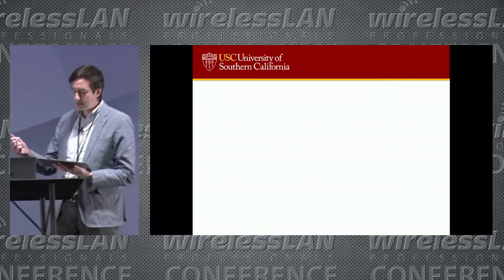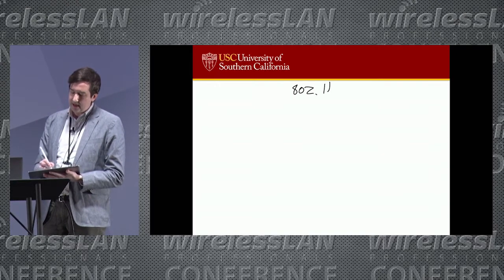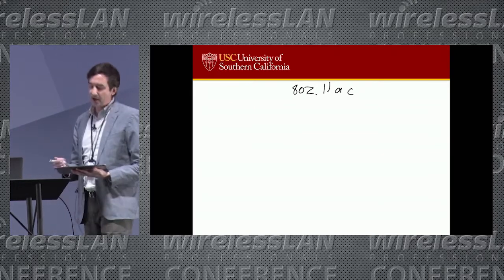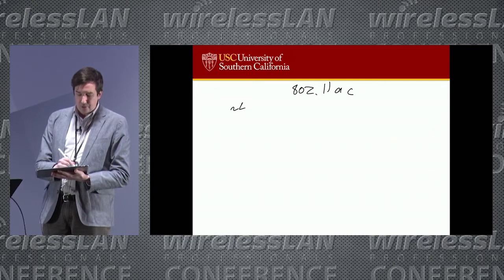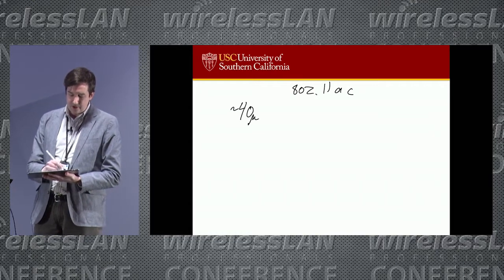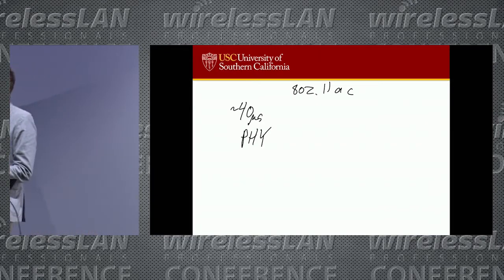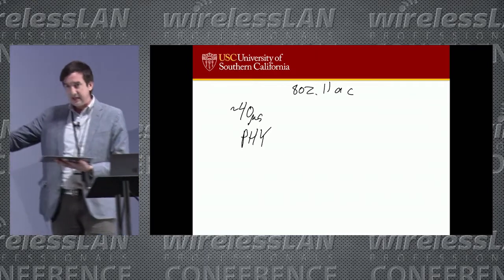I have a little white slide so I can do some drawing here. If we have a standard 802.11ac frame transmission, you're going to get somewhere in the neighborhood of about 40 microseconds for that physical layer header. And then you'll start your variable rate data.